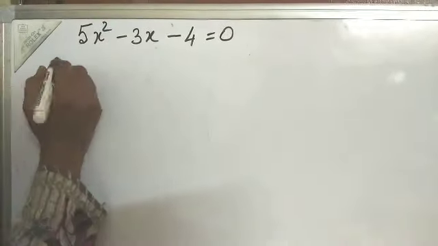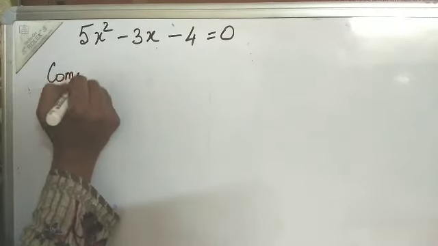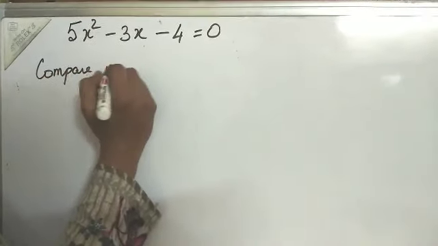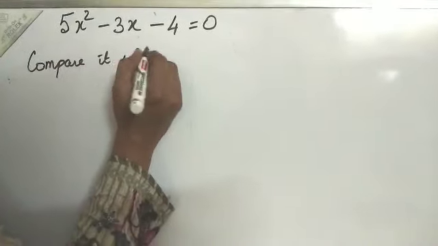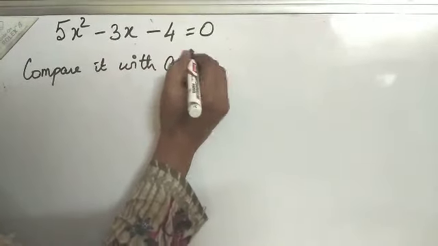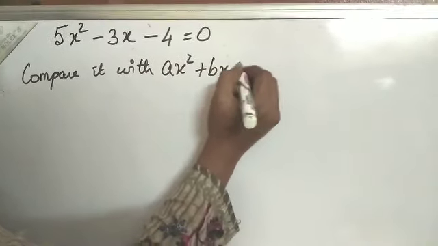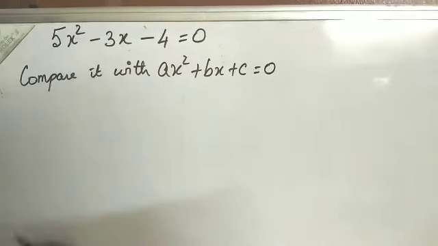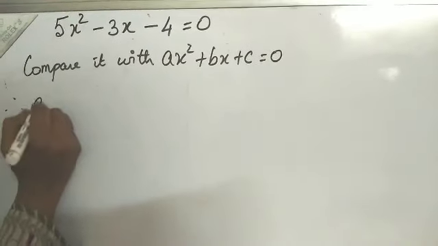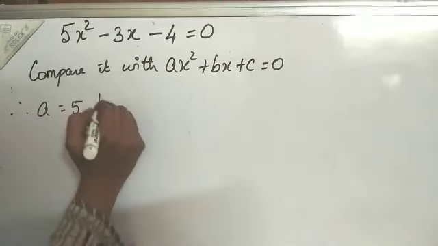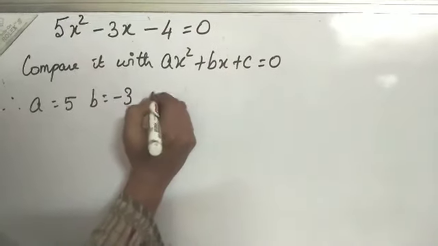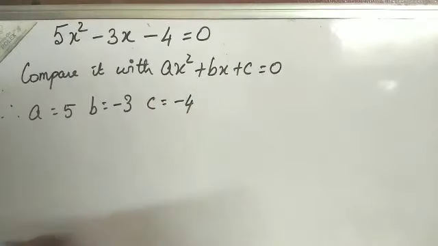Okay, so compare it with ax squared plus bx plus c is equal to 0. Therefore, a is equal to 5, b is equal to minus 3 and c is equal to minus 4.